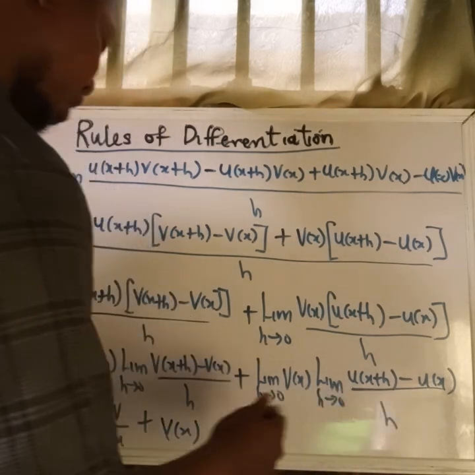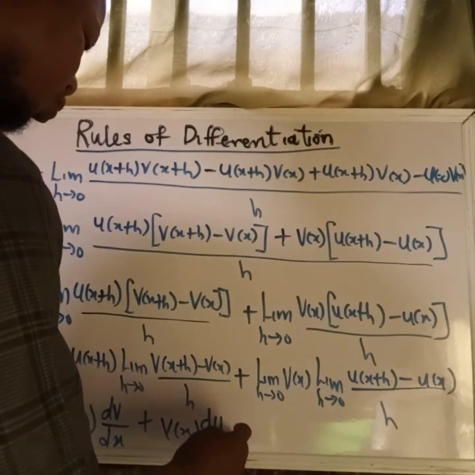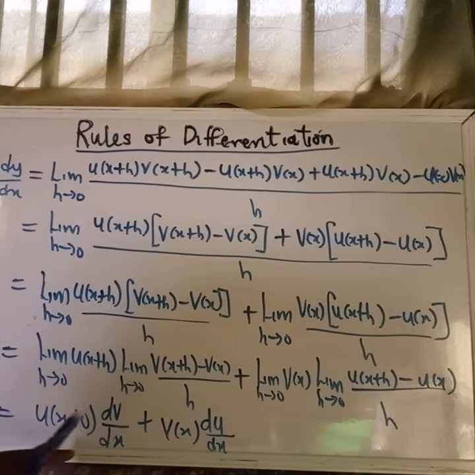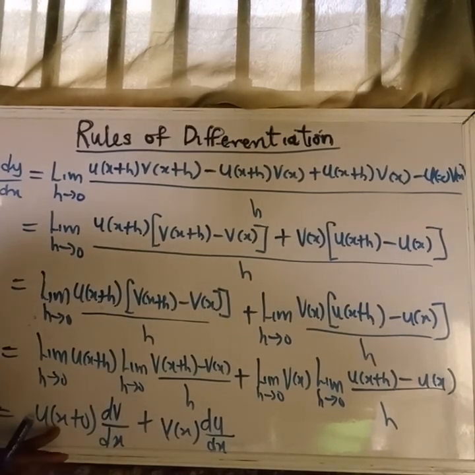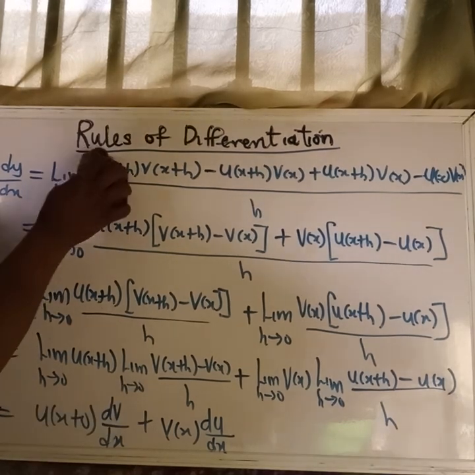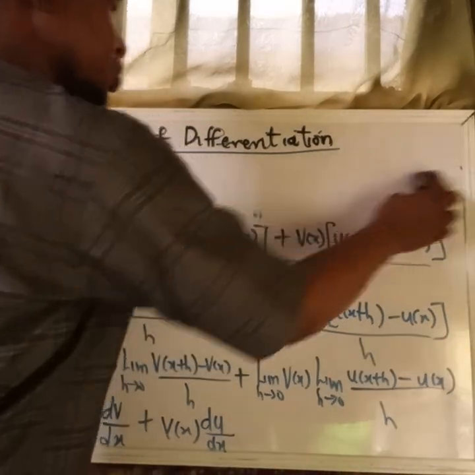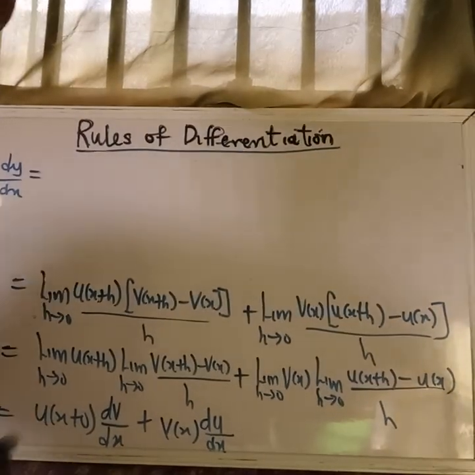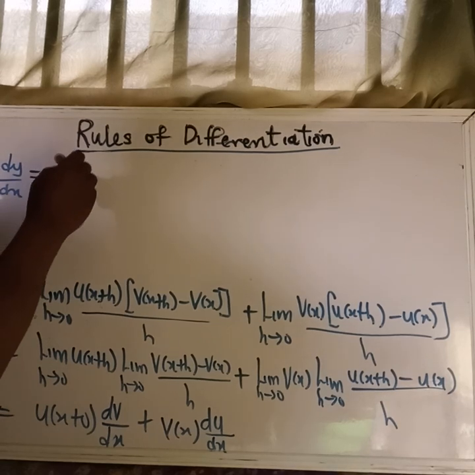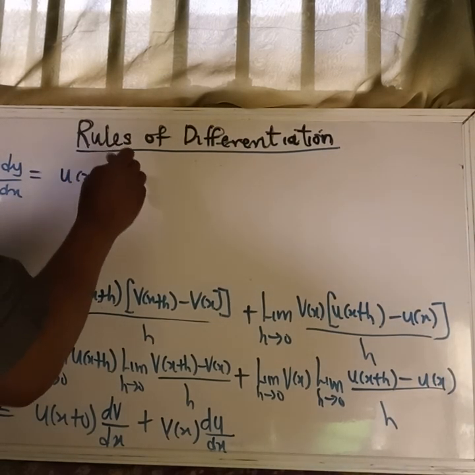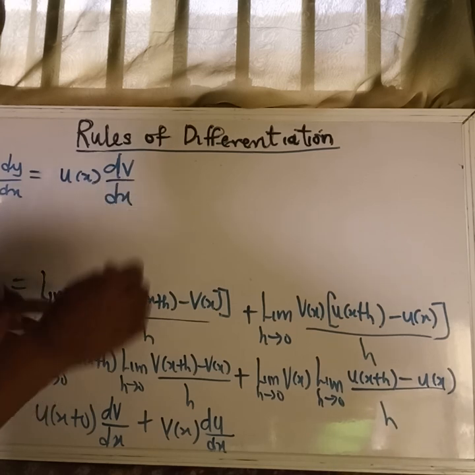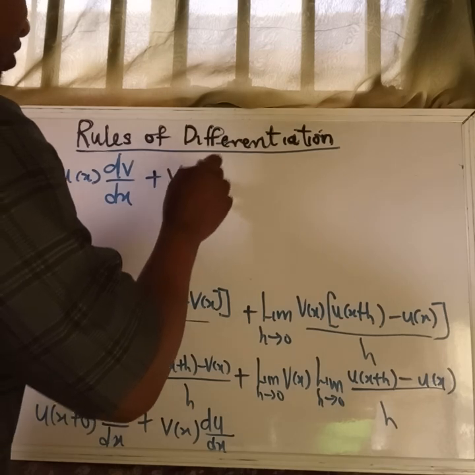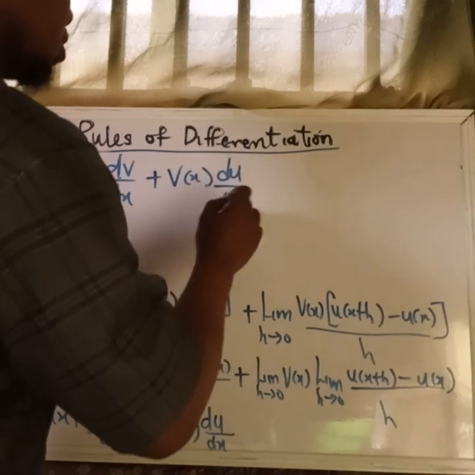This also means the derivative of u with respect to x. In order to write this in the proof form, x plus 0 is x, so this becomes u of x dv/dx, as we have it here, plus v of x du/dx.